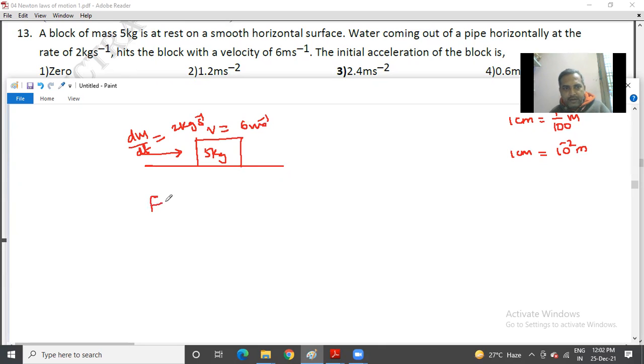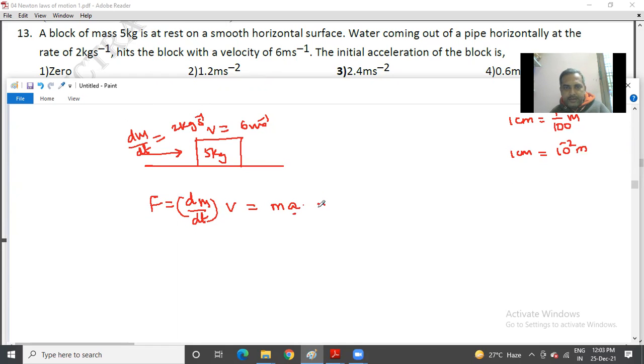Now F is equal to, for a constant velocity and variable mass, dm by dt with velocity. This force from the jet of water, moving with the speed of 6 meters per second, makes the block move with acceleration. So therefore it is equal to ma, where a is the acceleration of the block.